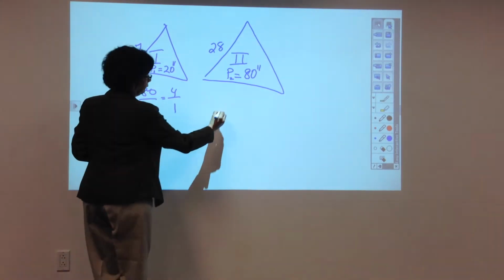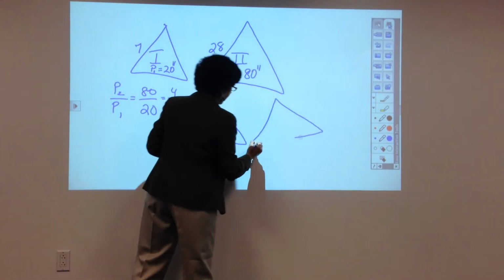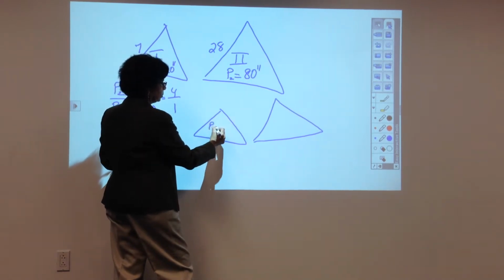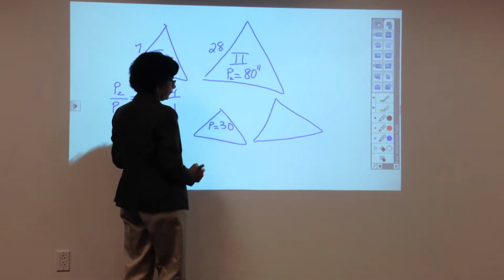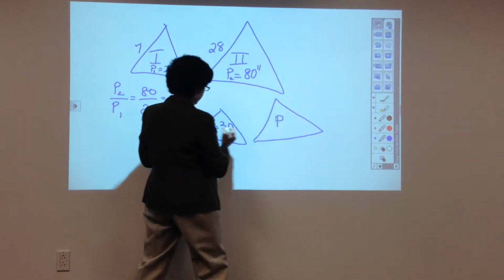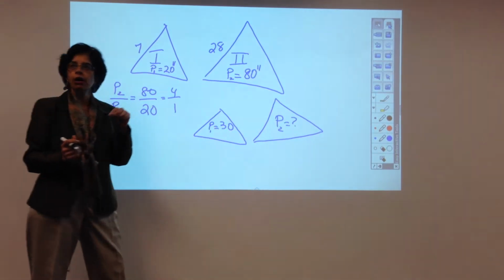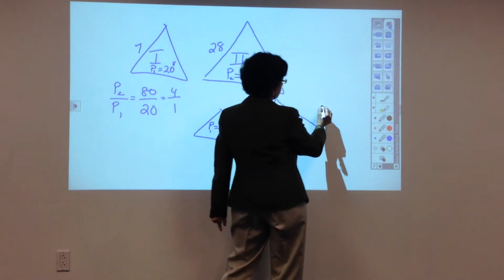What if you have now 2 triangles and you are given that the perimeter of this one is 30. You want to find the perimeter of the other one, and you know the scale factor. So let's make up the scale factor.